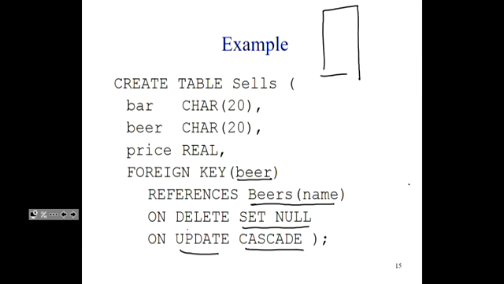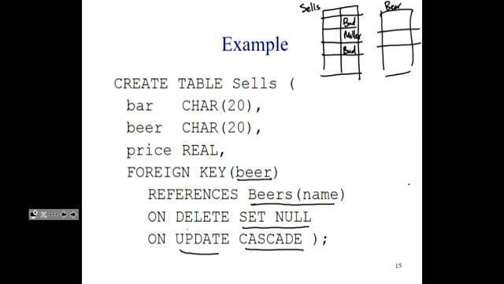So let's consider a simple example and walk through that. So you have, let's say, sells and then beers, and let's say you have one tuple corresponding to Bud and one tuple corresponding to Miller.